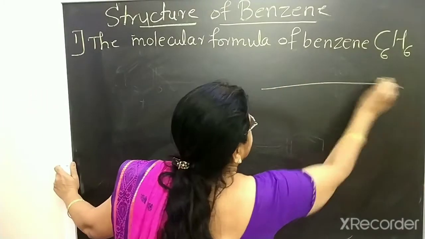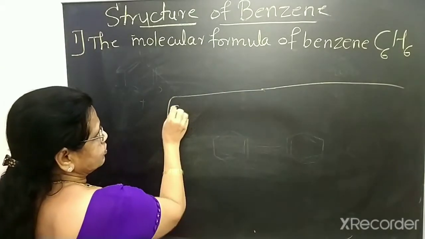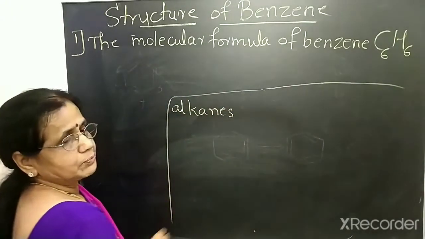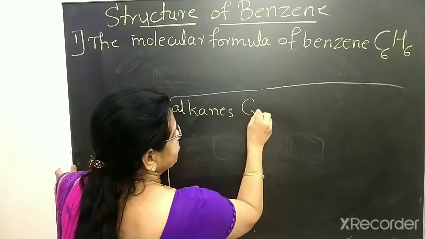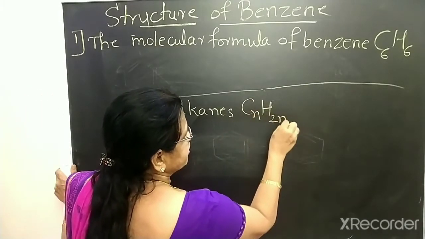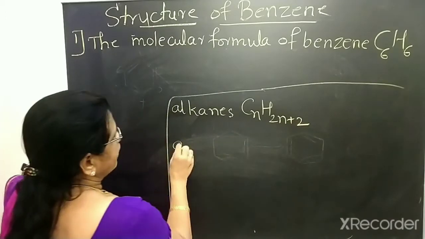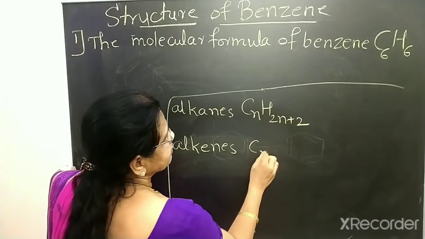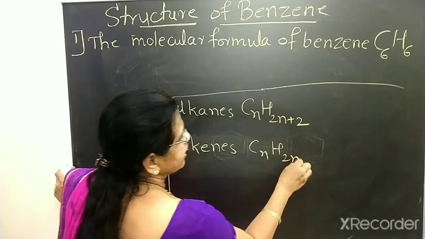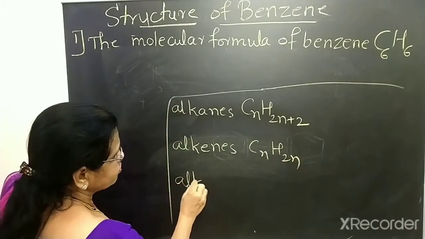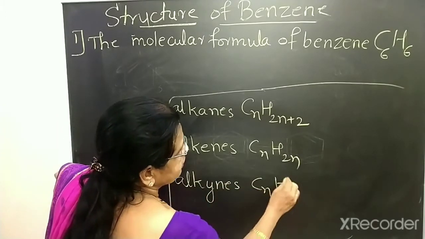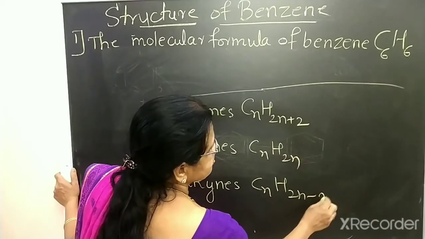Because if you take the alkanes, alkanes are highly saturated compounds. Alkanes' general formula is CnH2n+2. Alkenes' general formula is CnH2n. Alkynes, which have a triple bond, have the general formula CnH2n-2.